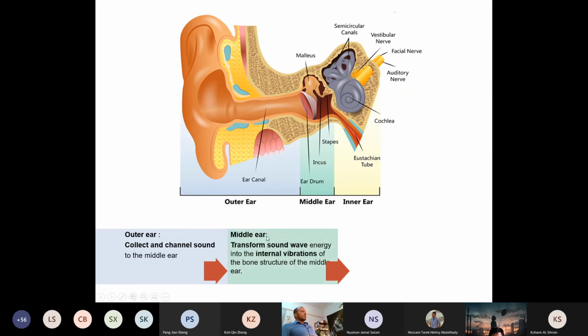After that, the middle ear transforms sound wave energy into internal vibration of the bone structure of the middle ear. And after that, the inner ear, which has a connection with the brain, transfers compression wave energy within the inner ear fluid into nerve impulses, which can be transmitted to the brain.